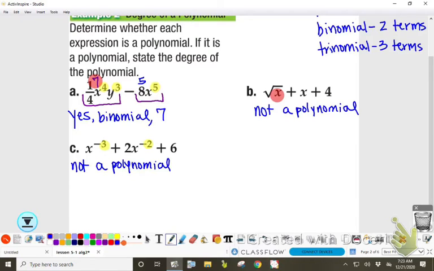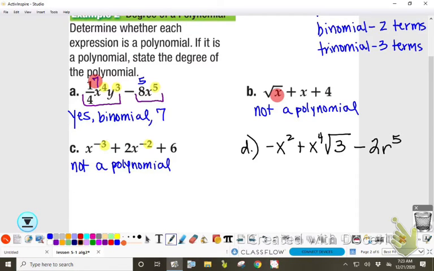Okay. Now I'm going to give you one other example. D, just add right here. Negative x squared plus x to the 4th square root 3 minus 2r to the 5th.